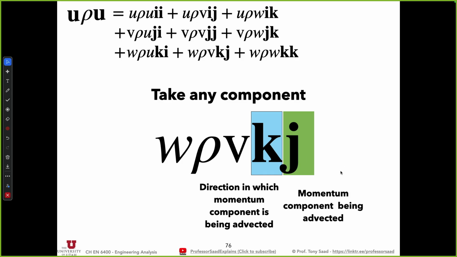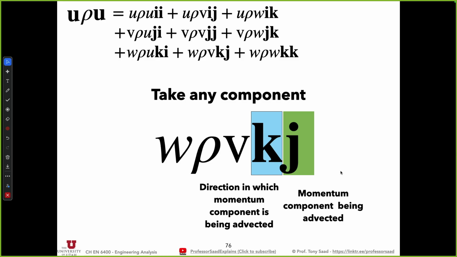Now, remember what my nomenclature was for tau Ji. I said the second index is the component of momentum being diffused, and the first index is which direction is being diffused in. Same thing for the advection tensor. The second index or the second unit vector is going to tell me which component is being advected.